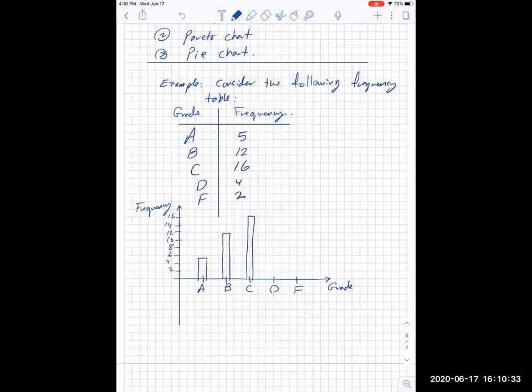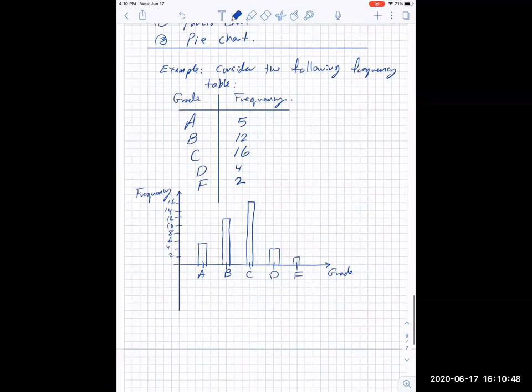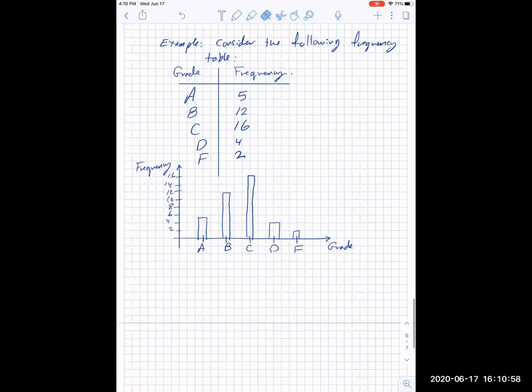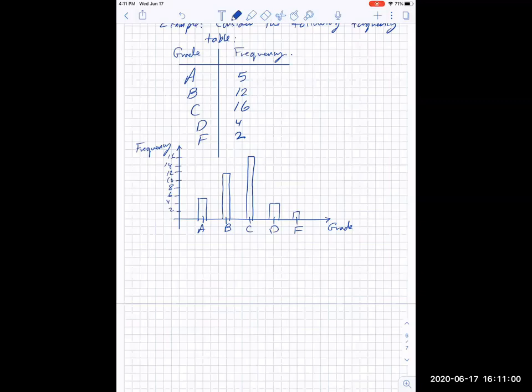D is 4. And F is 2. Okay. So this is a statistical graph for qualitative or for categorical data. Again, notice the gap between the bars.